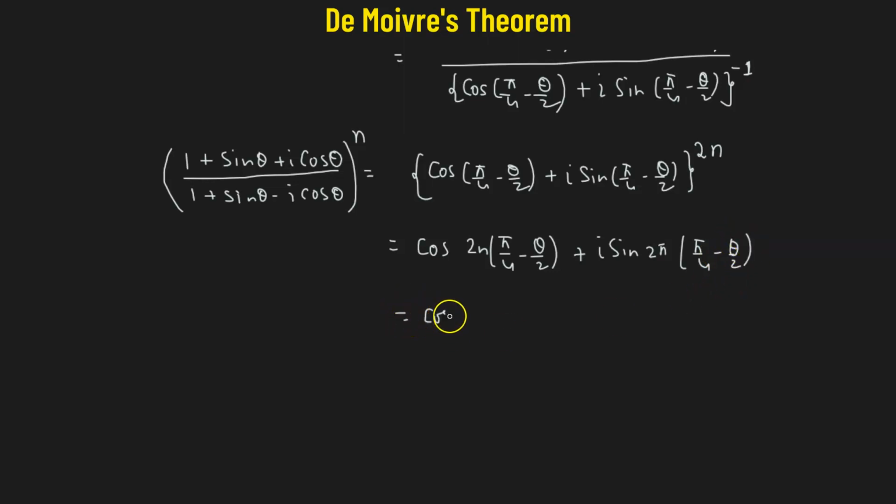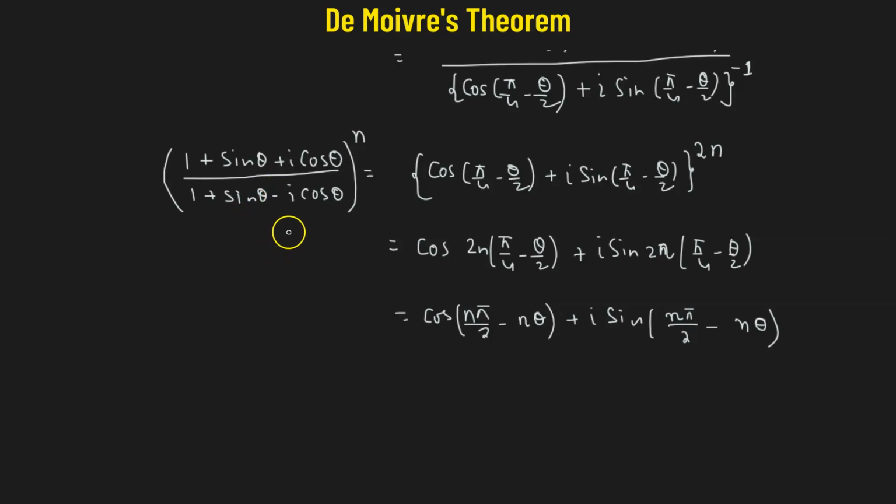So this becomes equal to cosine of, here 2n times pi over 4 is going to give us n pi over 2 minus n theta, plus iota times sine of n pi over 2 minus n theta. So this is the simplified form of the given expression.